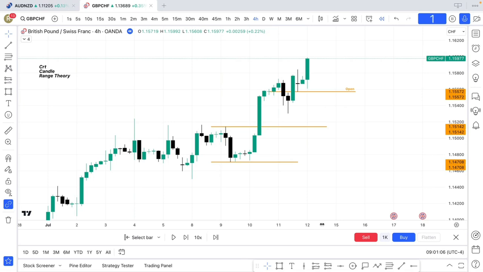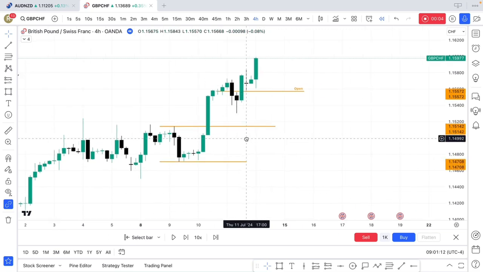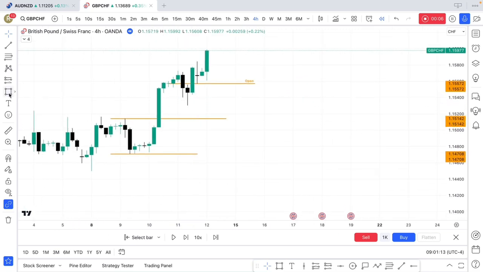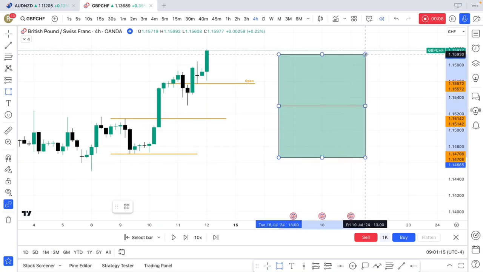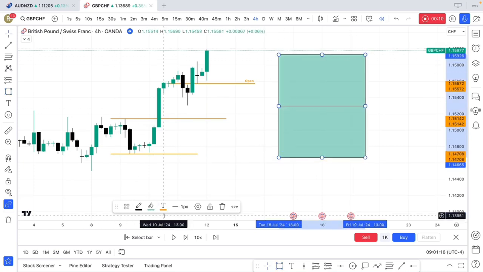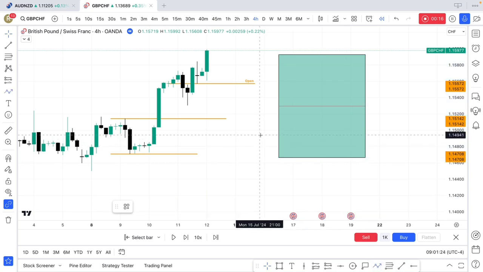Every candle has an open. This is how it is like. Every candle has an opening. Every candle has an open.